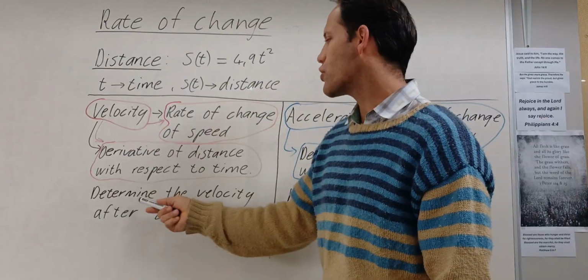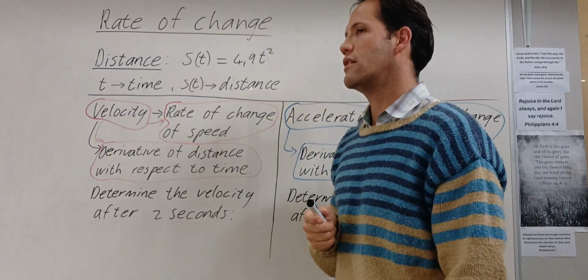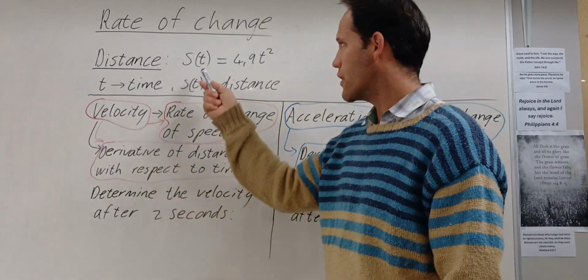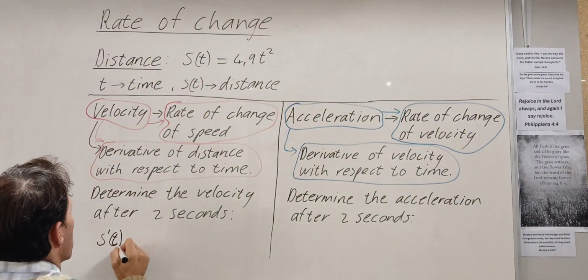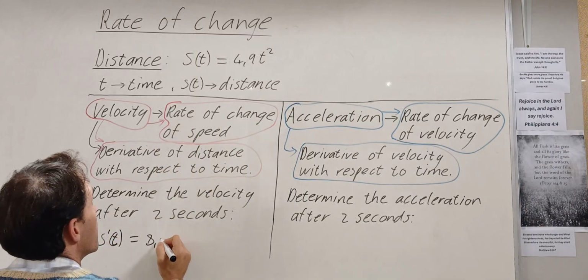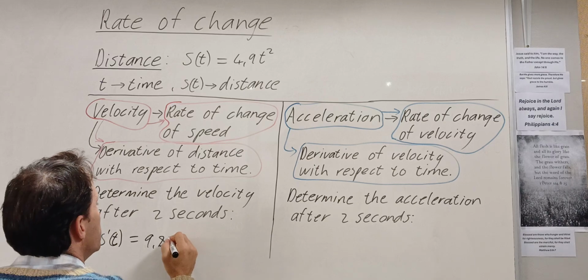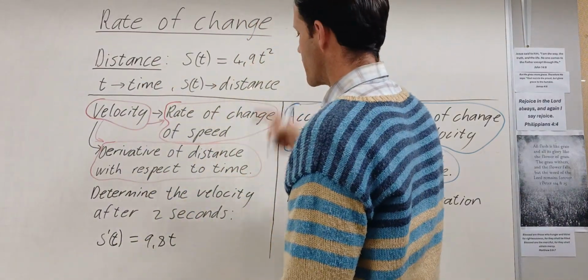Okay. And so if the question says determine the velocity after 2 seconds, you're going to do two things. First, you're going to find the derivative of this. So you're going to say the derivative will be 4,9 times 2 is 9,8 t. Okay, so there's the derivative. 2 times this, subtract 1.